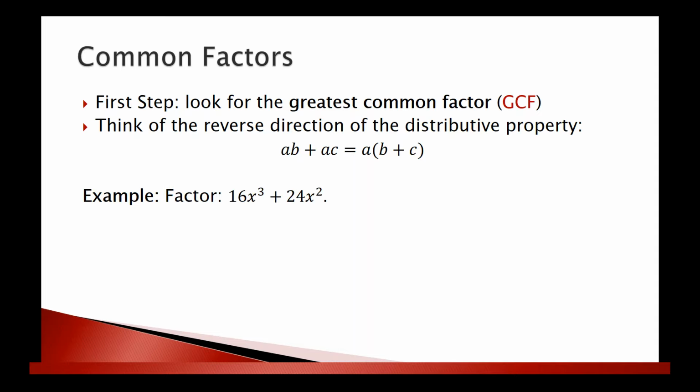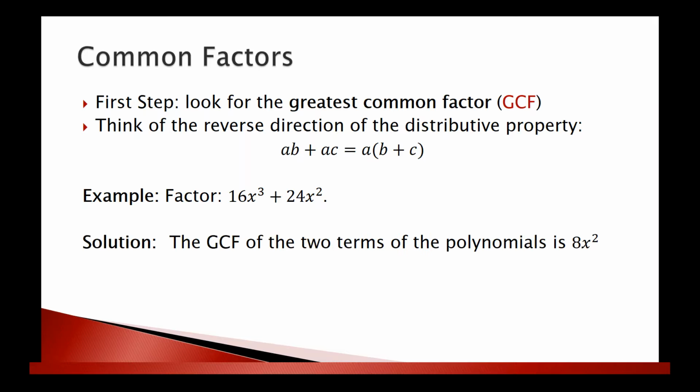So for example, if we want to factor the polynomial 16x cubed plus 24x squared, then at first we see that the GCF of the two terms of the polynomial is 8x squared. So we write 16x cubed as 8x squared times 2x, and 24x squared as 8x squared times 3.